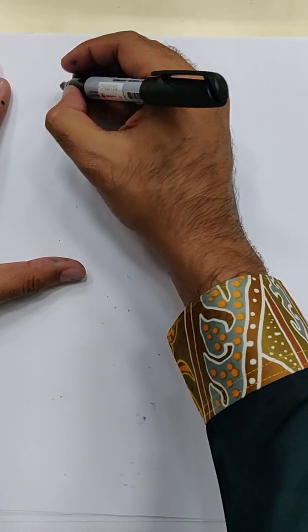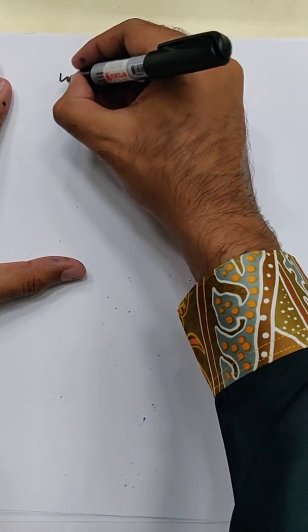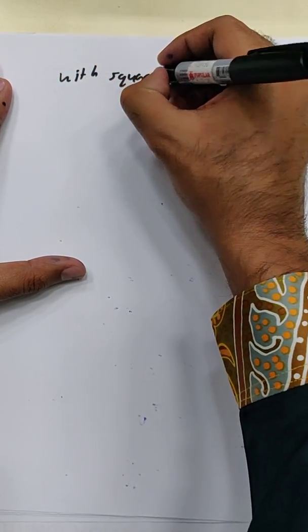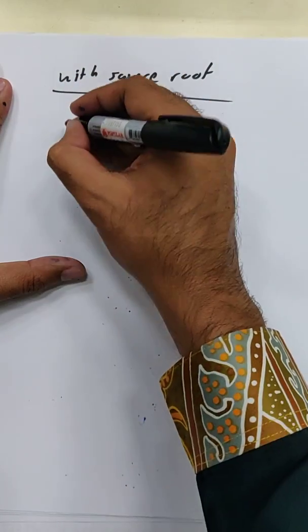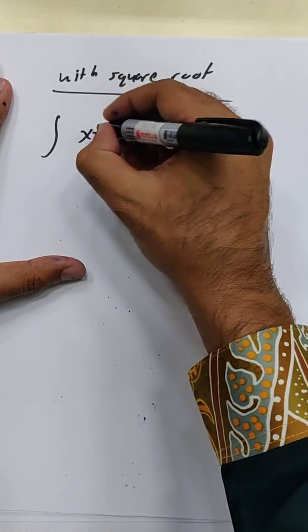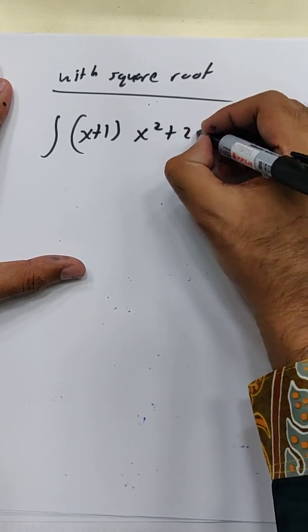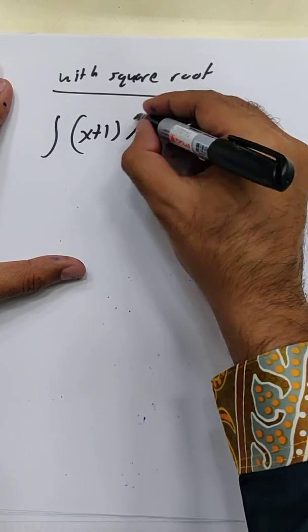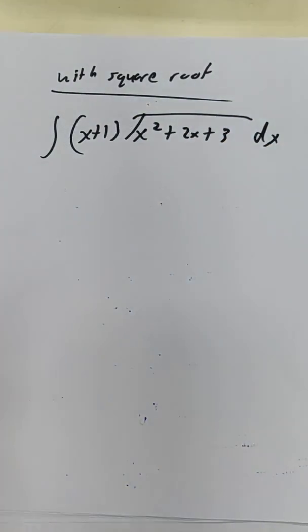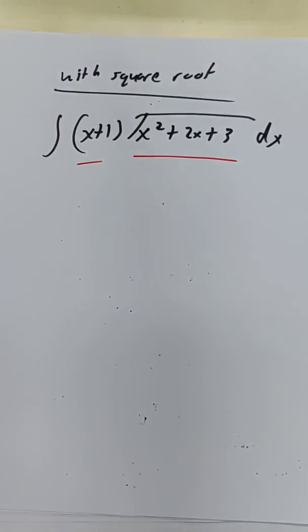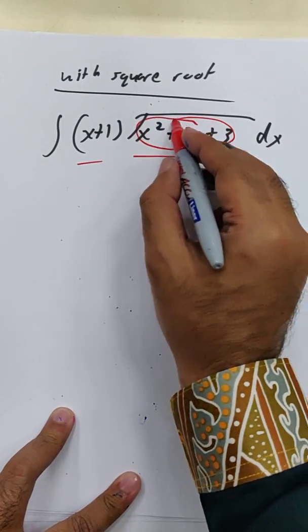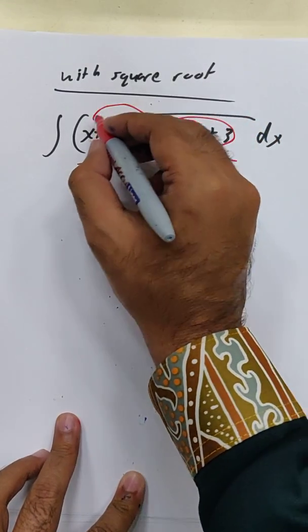Okay, now for the next one, with the square root. Can you see two terms? And what about if I differentiate inside here, what do you get? 2x plus 2.